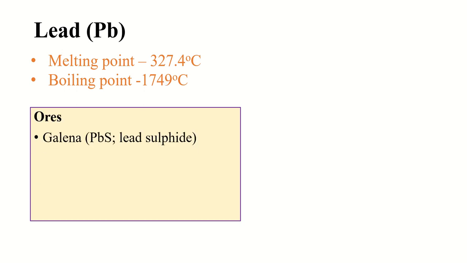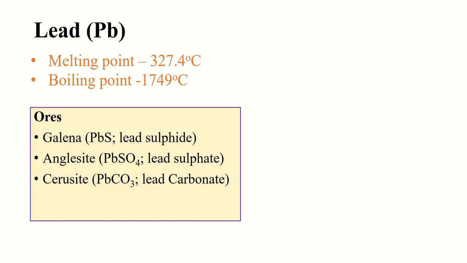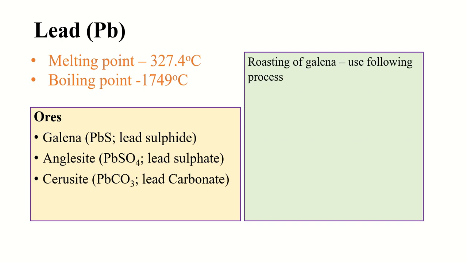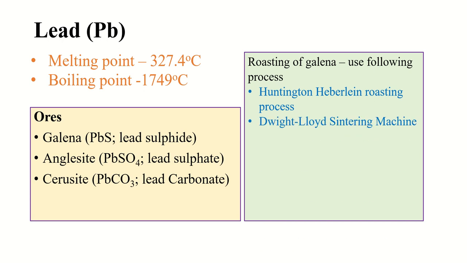And important ores are galena PbS, that is called lead sulfide, and other ores are anglesite, PbSO4, and cerussite. And roasting of galena uses the following processes: the Huntington-Heberlein roasting process is used for the roasting of the galena.